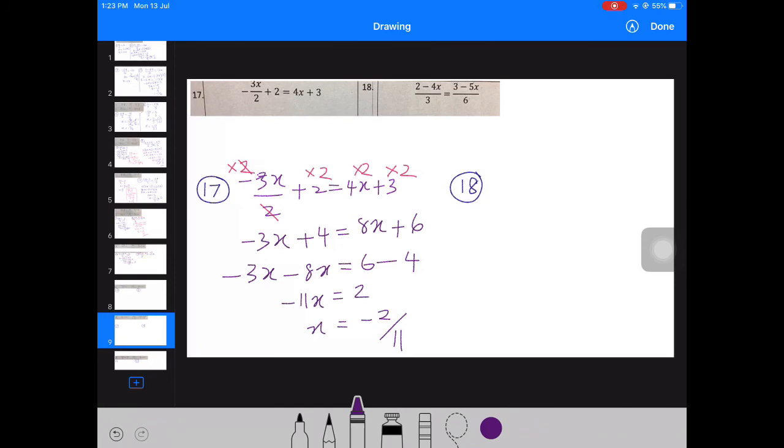Alright, number 18. We can just cross multiply, 2 minus 4x over 3 equals to 3 minus 5x over 6. Yeah, over 6. You can just cross multiply it.